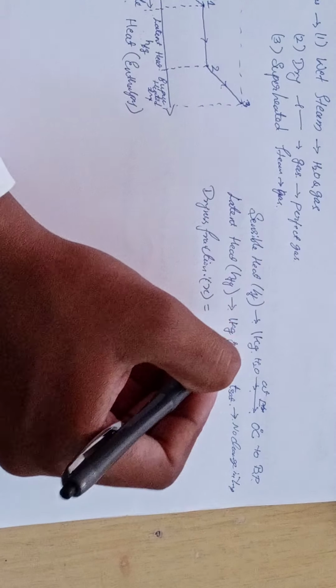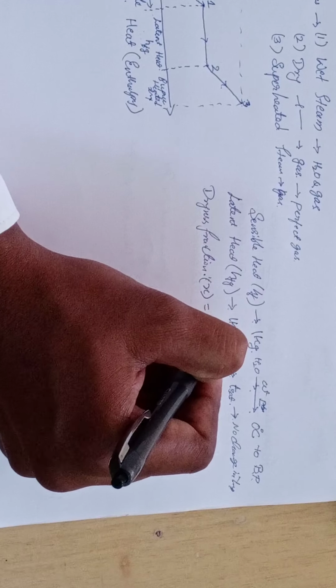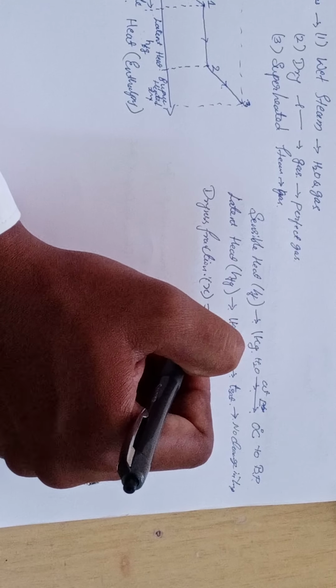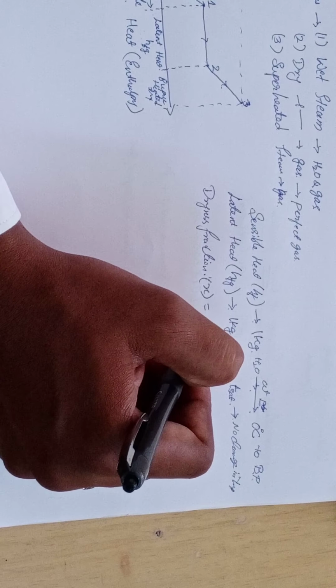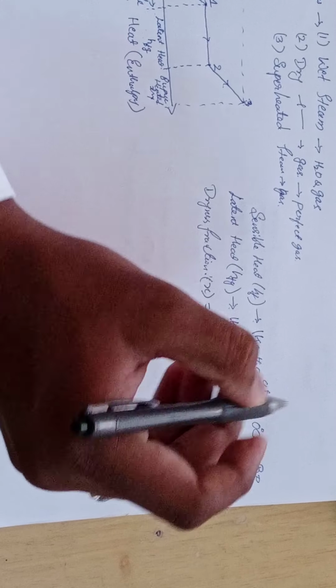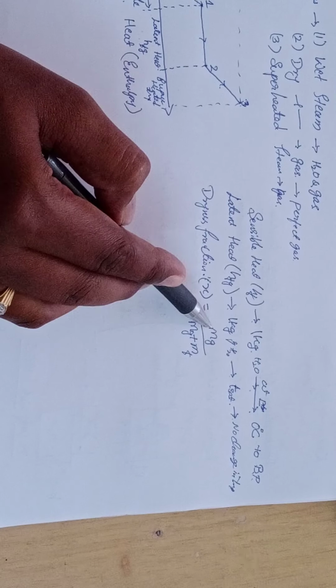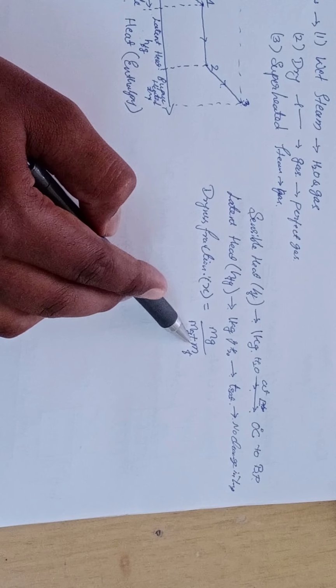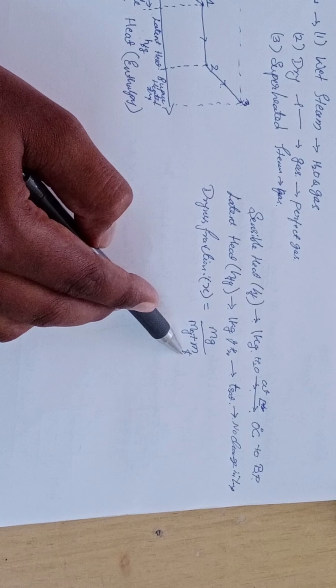Dryness fraction can be calculated as the mass of the gas divided by the total wet steam, which is m_g plus m_f. m_g is the mass of the gas, and m_f is the mass of the fluid.